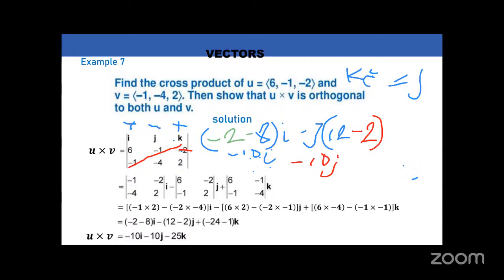So the next one is to find my K. The same way, we apply the same method.